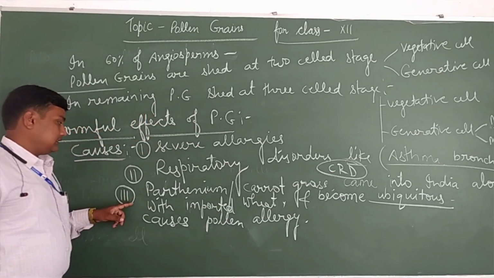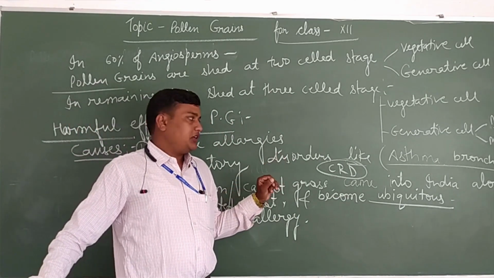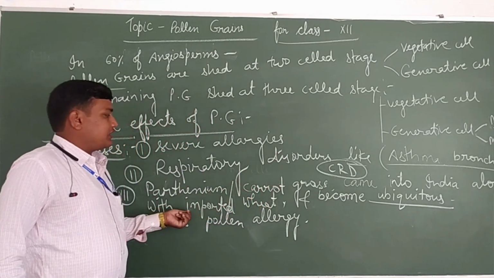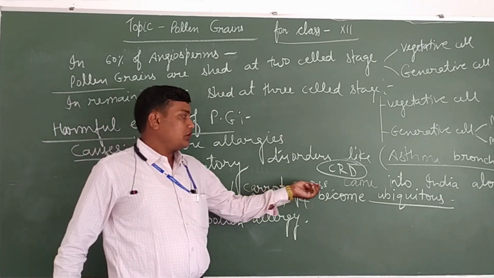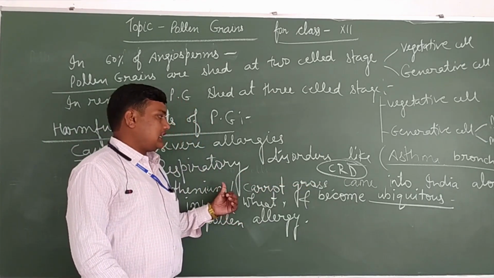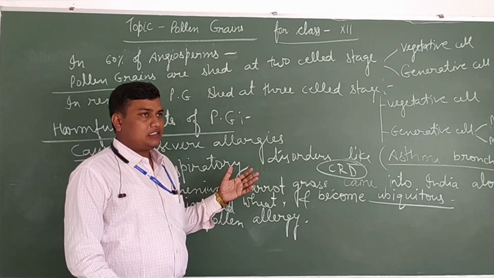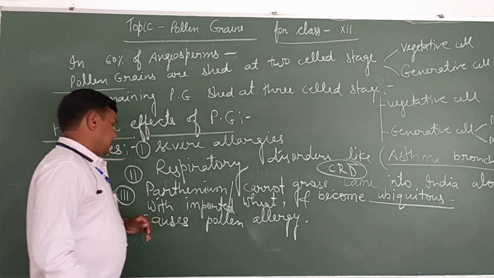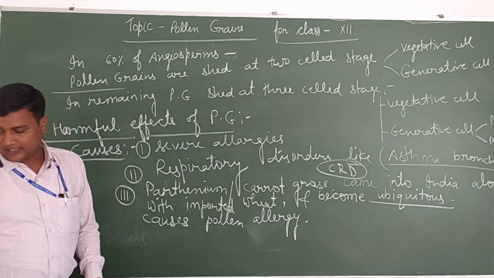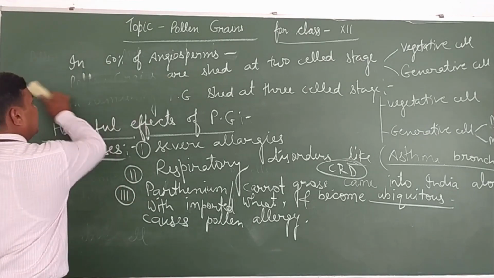Third is Parthenium. Parthenium is carrot grass that came into India along with imported wheat and became ubiquitous. Ubiquitous means right now that carrot grass occurs in most places, all places, and it causes pollen allergy.